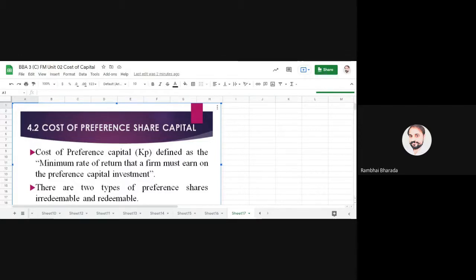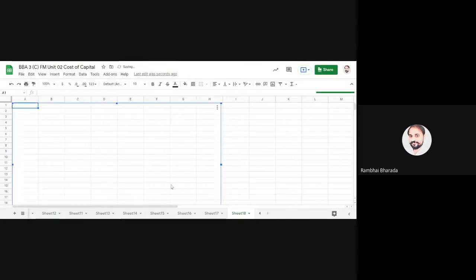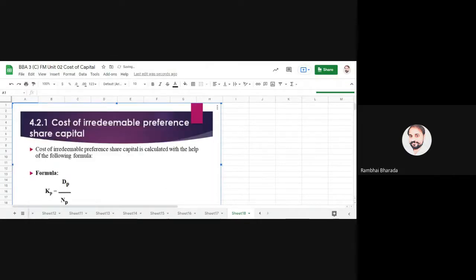First, write down the title. In cost of preference capital, the first type of practical question is the cost of irredeemable preferences. Let's try to understand the word irredeemable. Irredeemable means once it is issued, it remains with the company until the last date of the company.